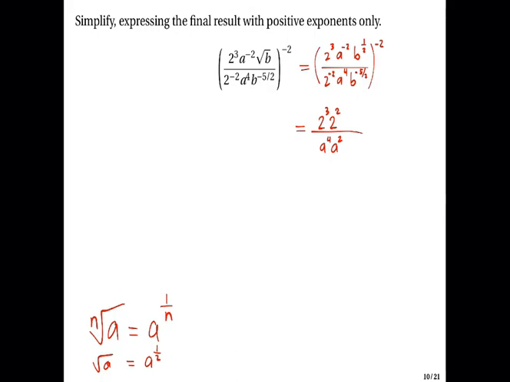So we bring b raised to negative 5/2 from the denominator to the numerator. In the numerator, we will have b raised to 1/2, and then this one we bring up. It becomes b raised to positive 5/2. And then in here, we still have raised to negative 2.